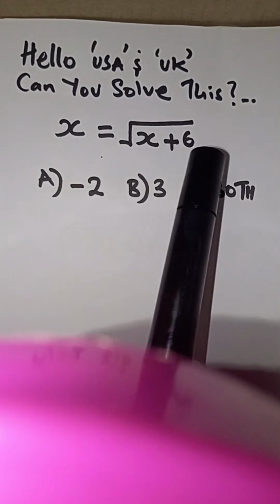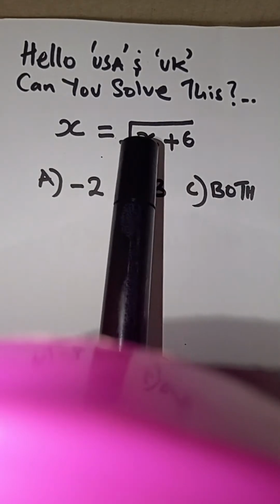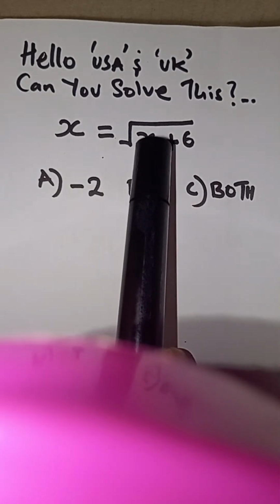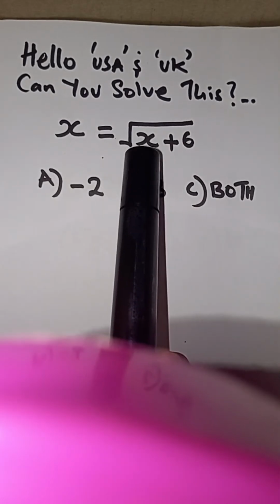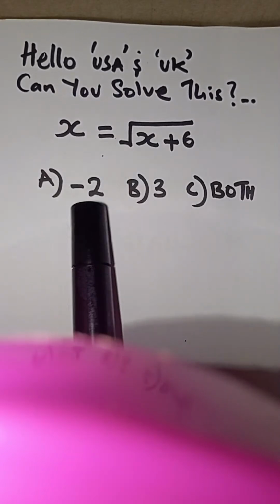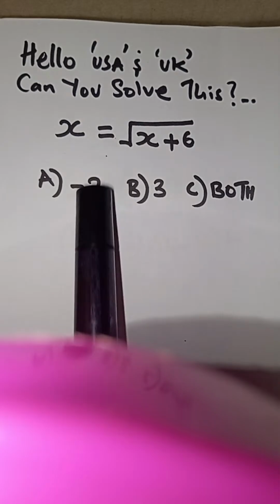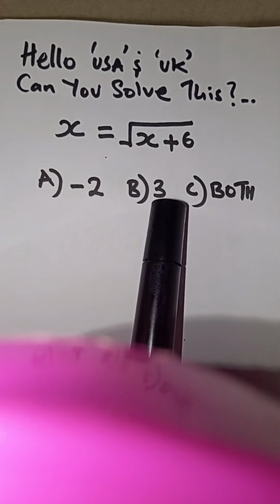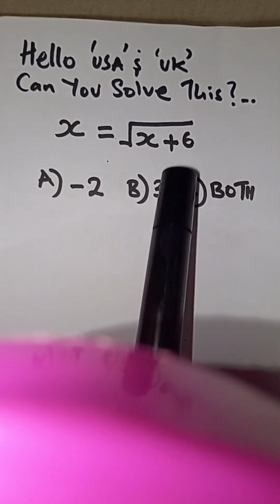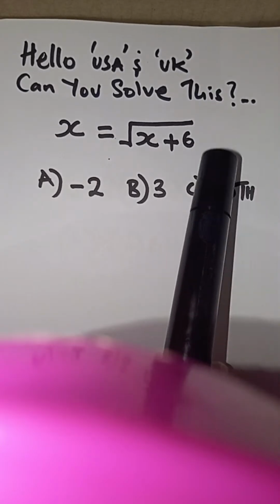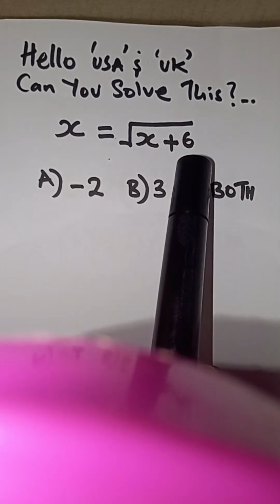So out of the two solutions, which one satisfies the value of x for this particular equation? And we have either A negative 2, B is 3, then C is both.